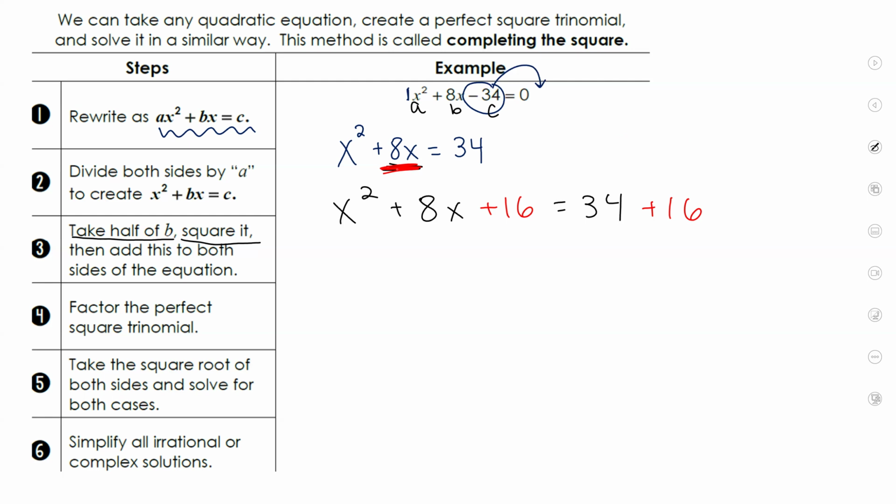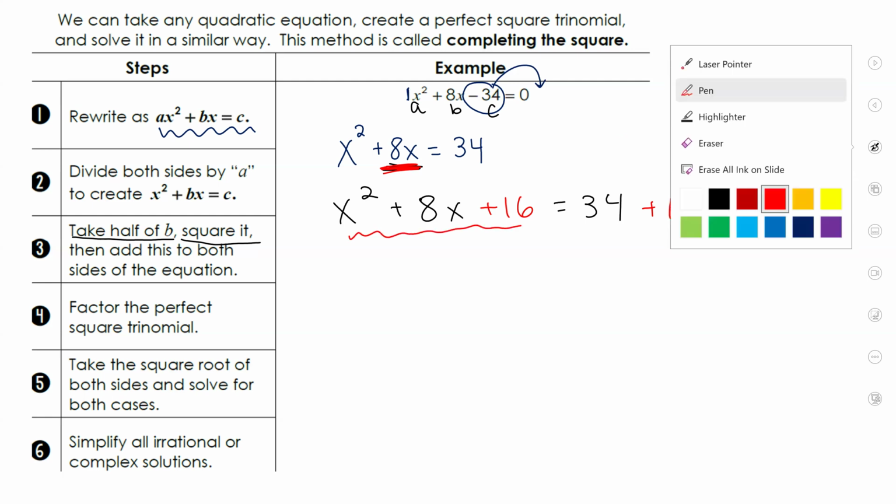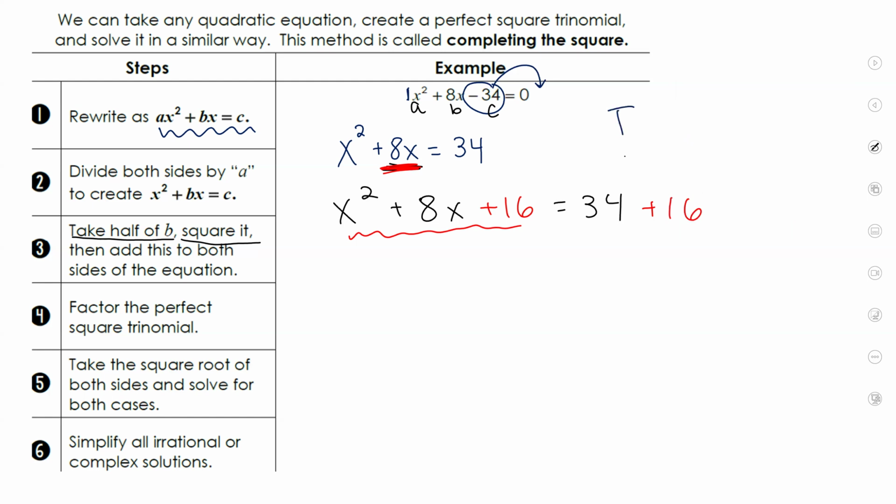Now it says factor the perfect square trinomial. Look, guys, on this side, I have the perfect square trinomial. Let's go ahead and do an eye chart. What are two numbers that multiply to 16 but add to 8? 4 and 4. This is called a perfect square. When you get the same number repeated, that's a perfect square.